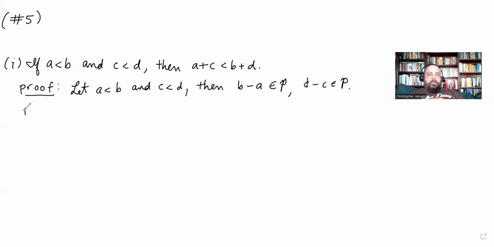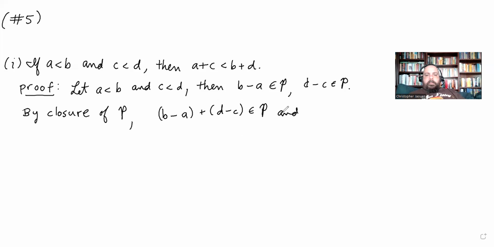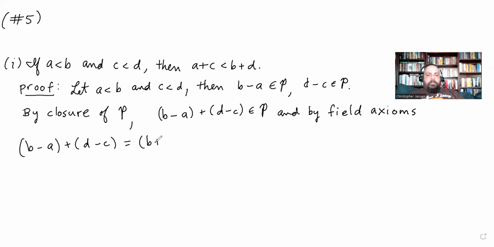And by closure of the positive numbers under addition, that means that B minus A plus D minus C is in the set of positive numbers, and by the field axioms that we looked at in the last video, B minus A plus D minus C is the same thing as B plus D minus A plus C, in the set of positive numbers.